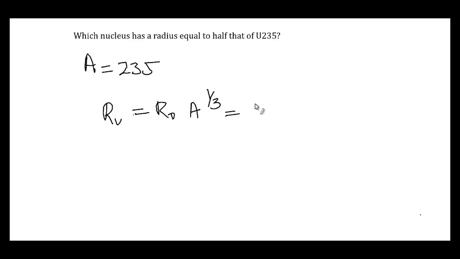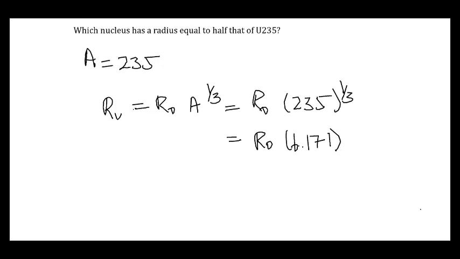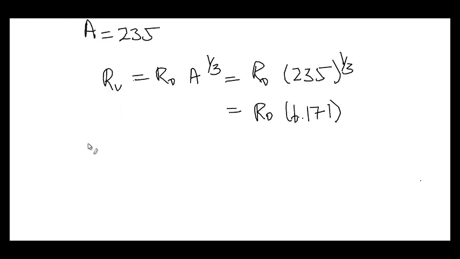I'll keep it as R naught for the sake of simplicity, and this would be 235 to the power 1 over 3. So this would be about R naught into 6.171. Now, what has been told? It's been told that the radius of the nucleus is half that of uranium.